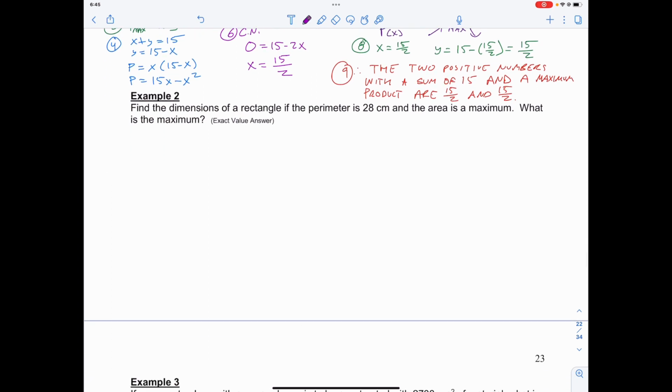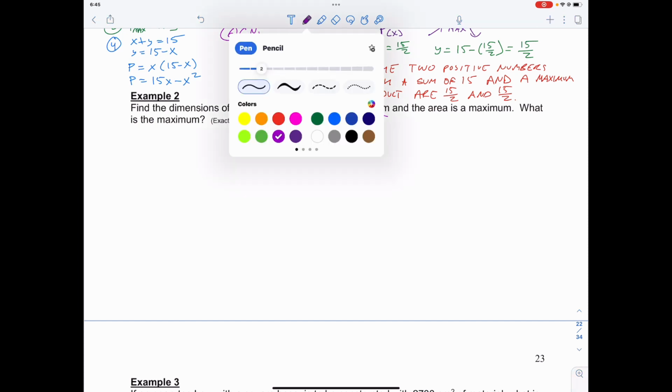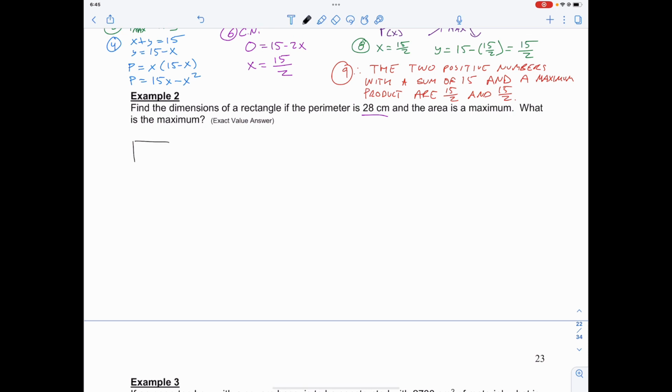For example 2, it says find the dimensions of a rectangle if the perimeter is 28 centimeters and the area is a maximum. Well, what do we know about a rectangle? We know a rectangle is going to have the length, it's going to have the width. That diagram is technically our step 2.